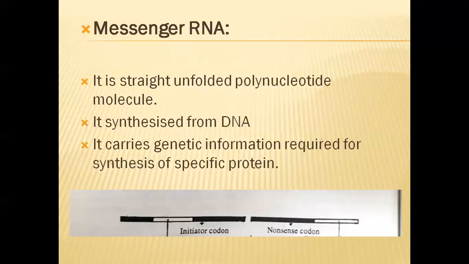There are nearly 20 amino acids useful for the synthesis of protein molecules, and there are 64 triplet codons to code them. So there is a chance that some amino acids have more than 2, 3 or 4 codons.